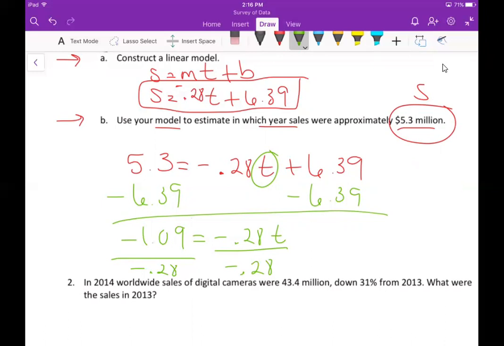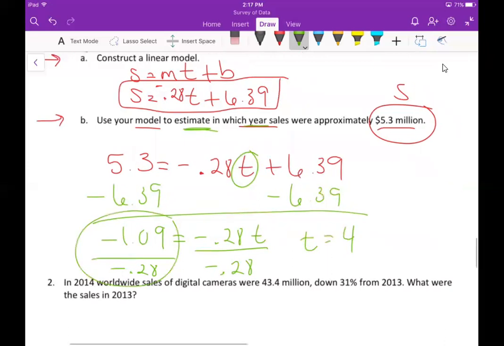This is not a nice number, right? It's a fraction that goes on forever, but we're just estimating in which year. So I'm going to go ahead and just round to the nearest year here, and you'll get guidance on that in your homework and stuff like that. Okay, since we're talking years, I'm going to round to the nearest year. You get about 3.89, so I'm going to round to t equals 4.